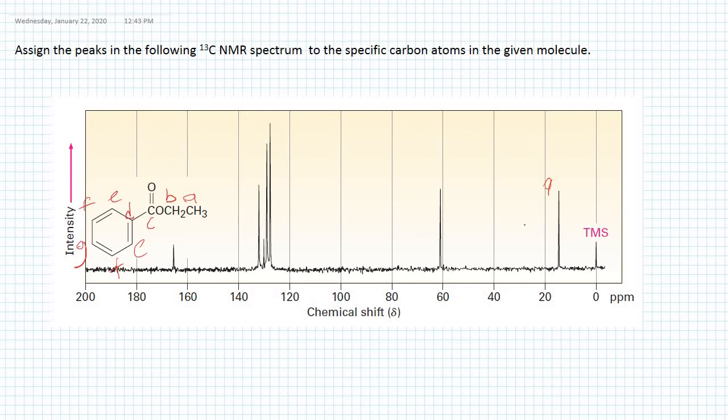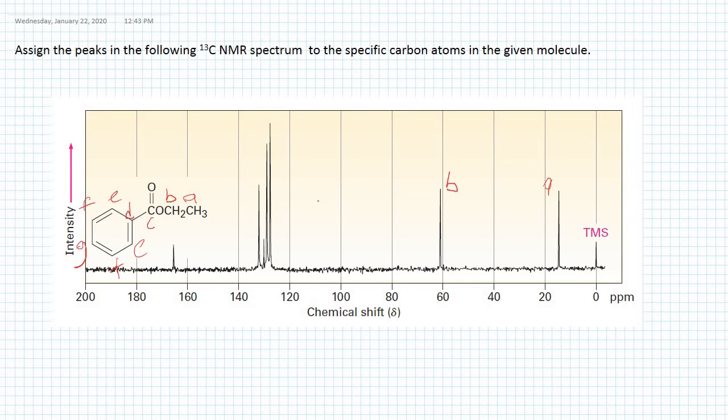So I expect this carbon to appear in the upfield region of the spectrum, but with respect to A, it has to appear downfield. So the second peak will be coming from this carbon-13 nucleus.